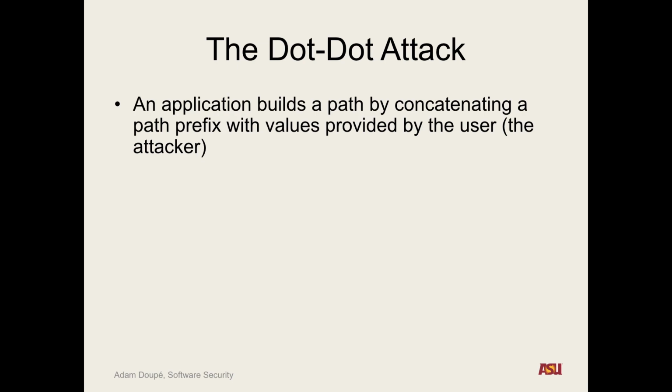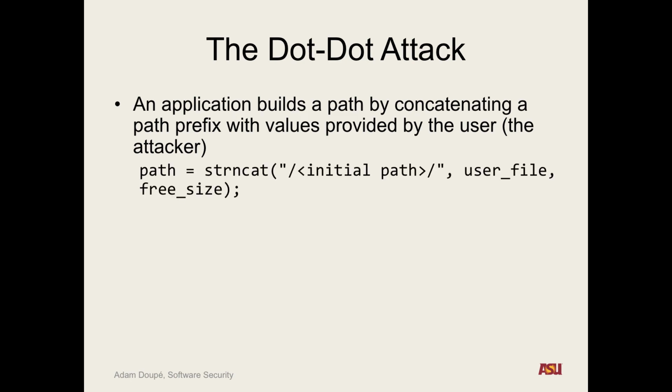So the idea is that the application builds some path to a file by concatenating values from the users. For instance, in this C example, we have some initial path and then the user file, concatenated together, and then it opens this path with read write.